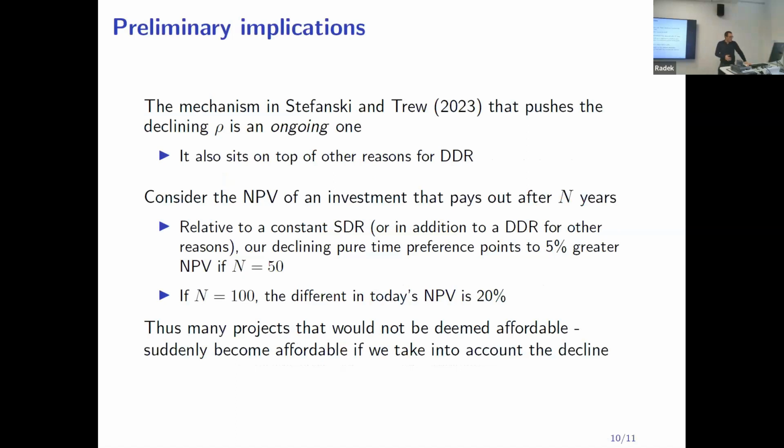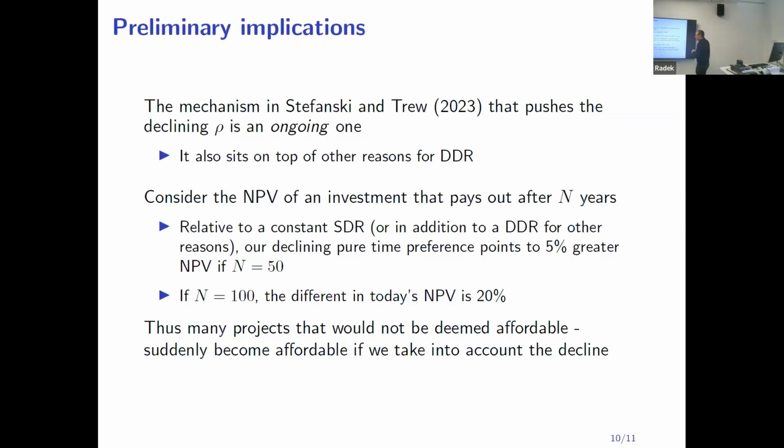So, a couple of preliminary implications of all of this. This isn't a paper about the past, this is a paper about the future. Right? This mechanism hasn't disappeared. This mechanism is ongoing, and it sits on top of other reasons for a declining social discount rate. And just to give you an example of how important this can be for specific projects, consider this little thought experiment.